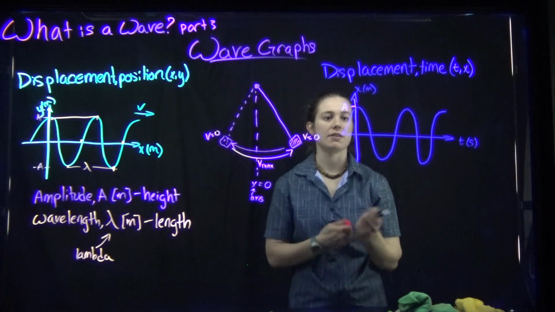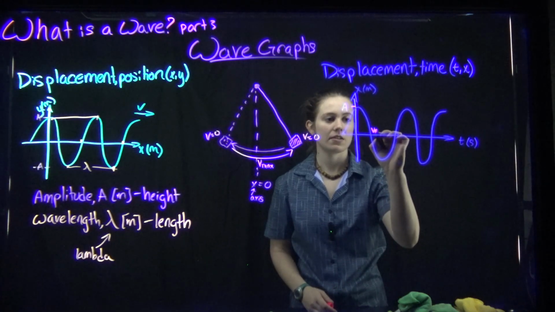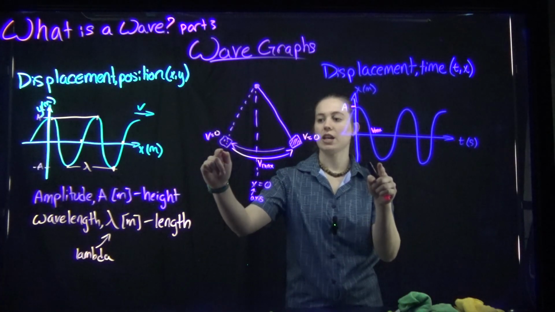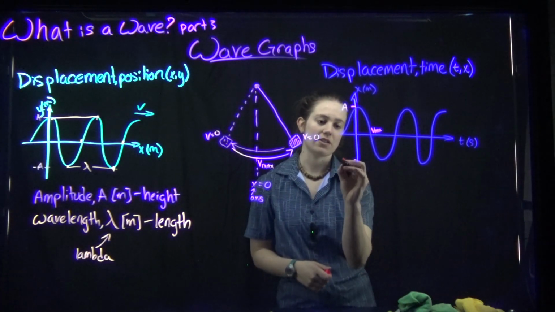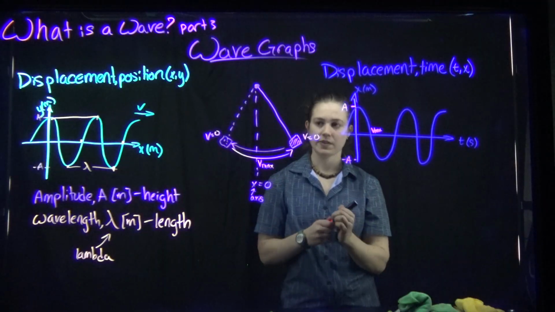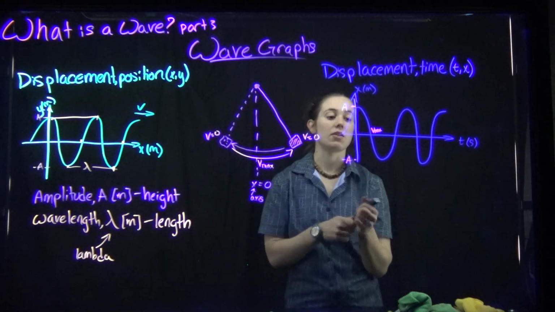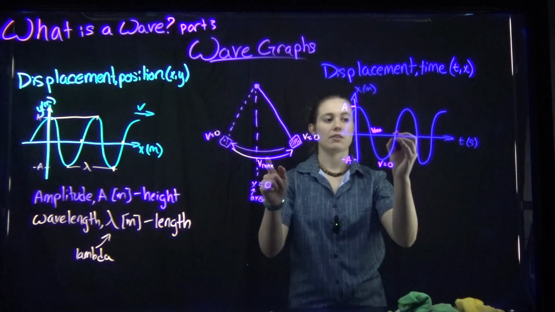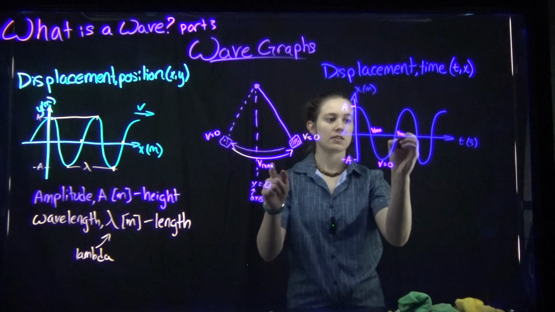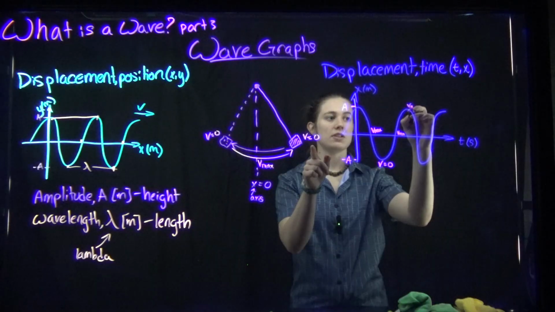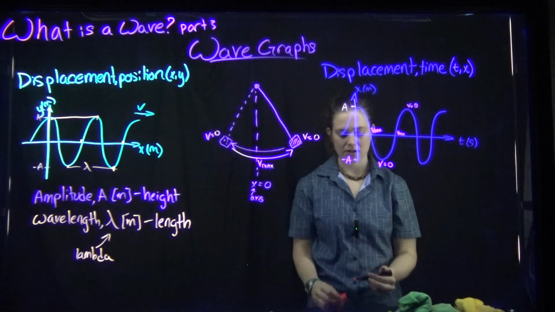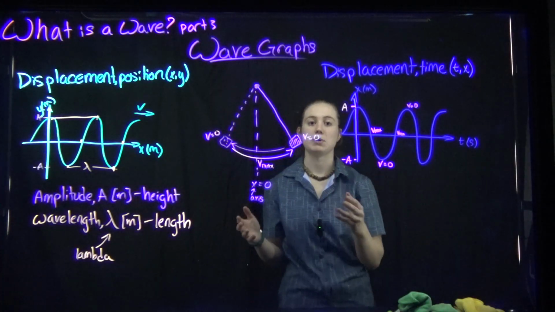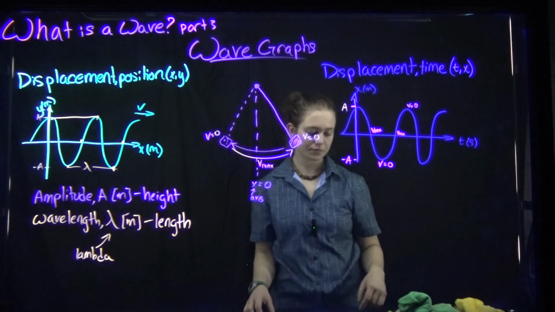That's where we had our V max. And then we keep swinging, and we hit our negative amplitude down here. Velocity is 0 here. Then we come back, we hit our V max, and then V equals 0. And we're just going to keep swinging. So this graph shows you how this pendulum moves over time.